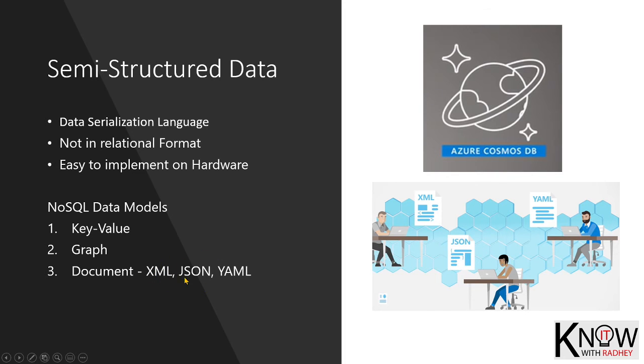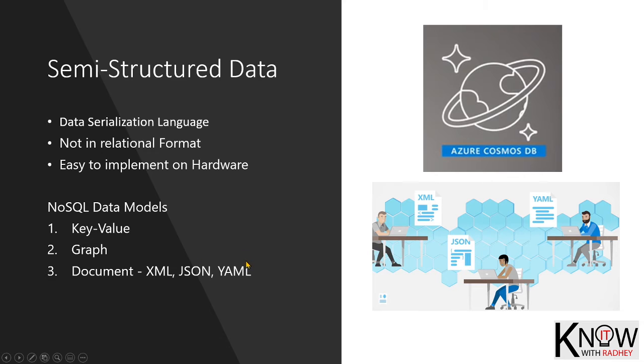Here JSON, in JSON curly braces are used. In YAML you don't need to care about symbols like angle brackets or colons or curly braces. It is more like Python, in which the indentation matters and it's less verbose.